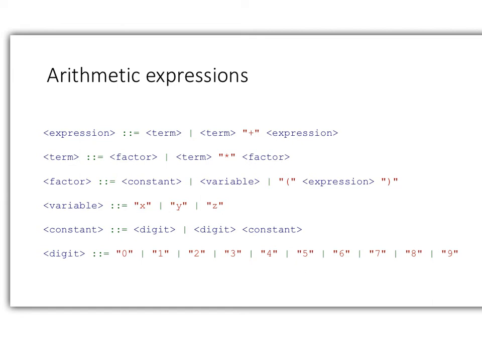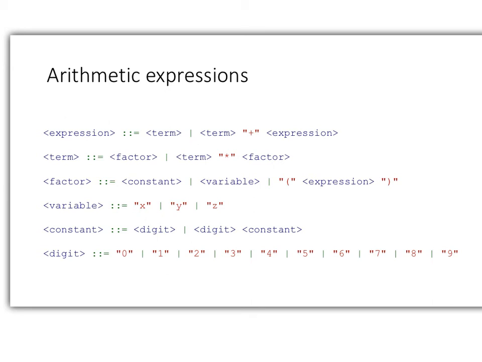A term is like x squared, or 2x, or 3. An expression can be a single term like 2x squared, or it could be 2x squared plus another expression, which might be 3y, or it could be 3y plus 4z. So an expression is built up by essentially chaining a series of terms with a plus in between.